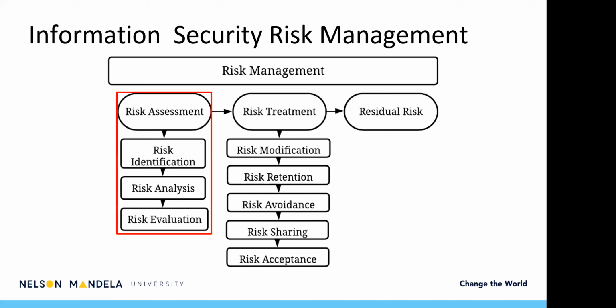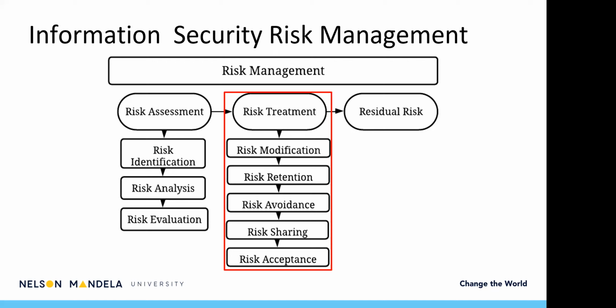Risk assessment is a three-part process containing the identification, analysis, and evaluation of risks. Risk identification requires the identification of all assets, threats, and vulnerabilities associated with those assets. Risk analysis determines the probability of those risks occurring on a day-to-day basis, and risk evaluation determines how severe those risks are to an organization's operations.